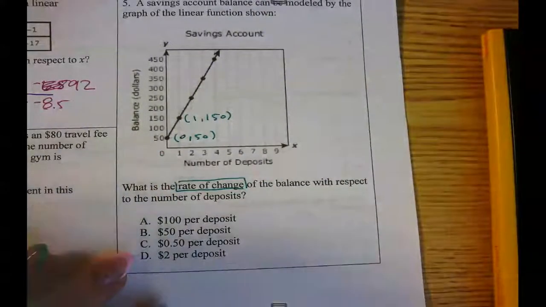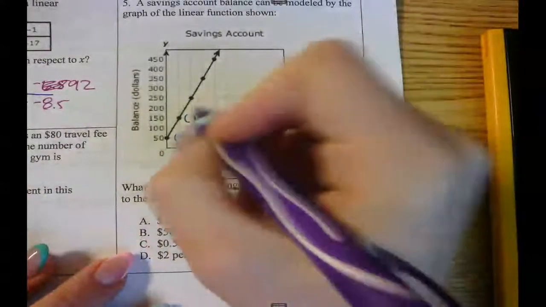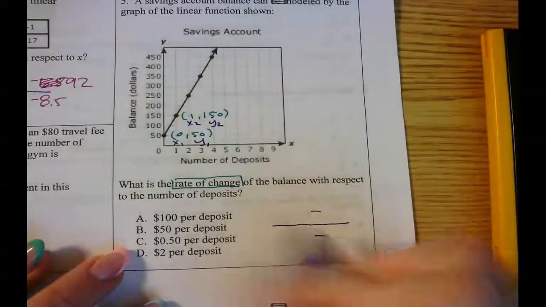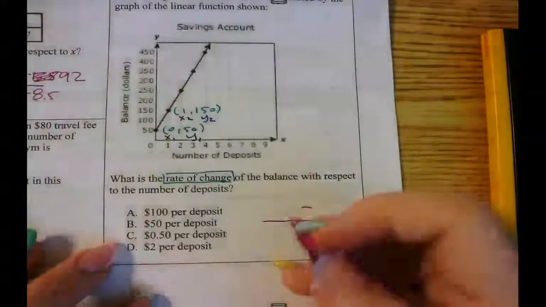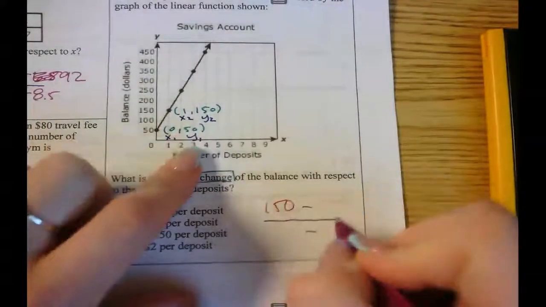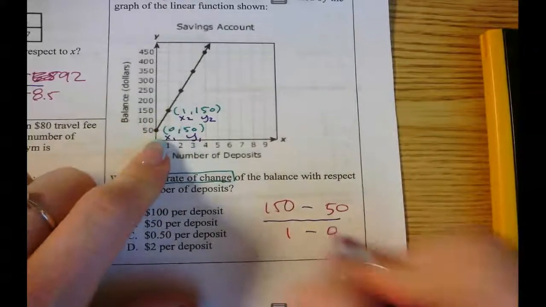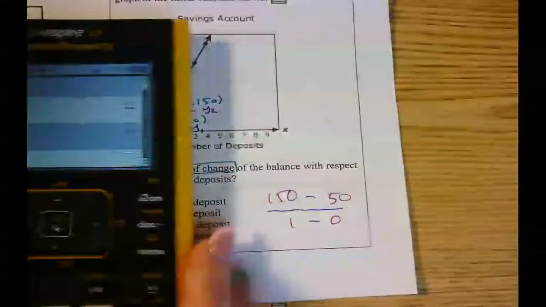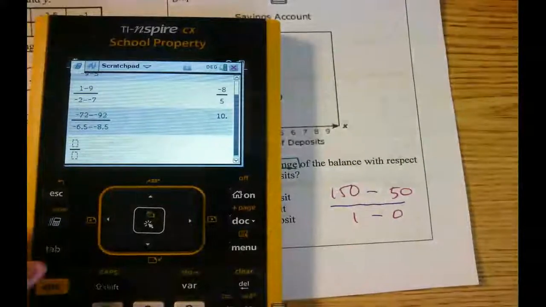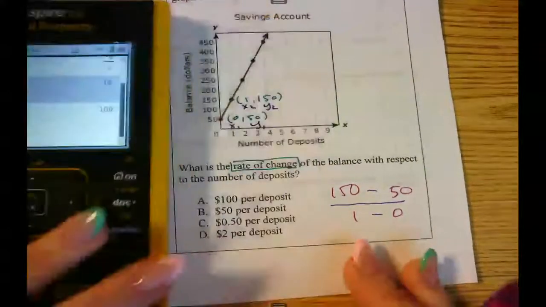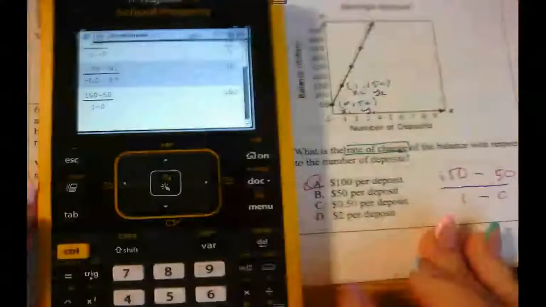I would use those as x1, y1, x2, y2 in my formula. So we've got 150 minus 50 over 1 minus 0. Again, I would just plug that into my calculator, and that equals 100.